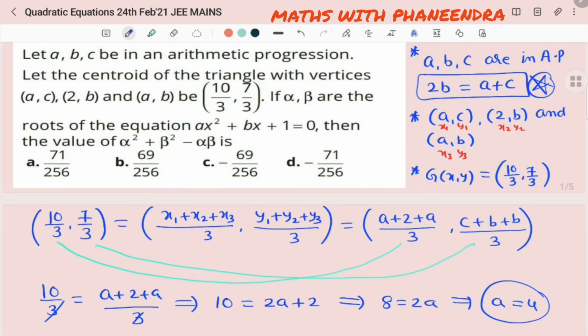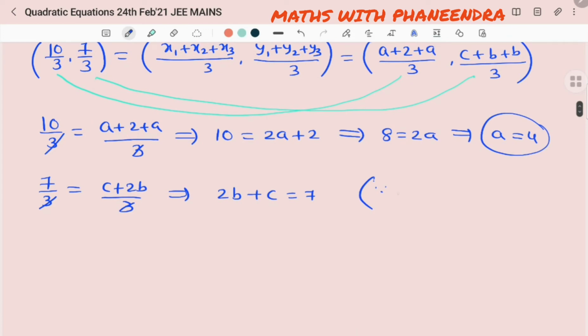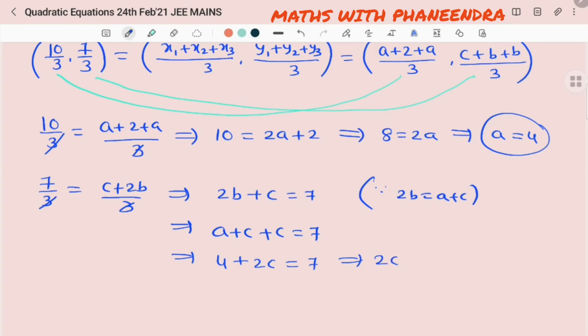A, B, C are in AP. Since 2b is equal to a plus c, substitute in this. It becomes a plus c is equal to 7. A value we also have. So a is equal to 4, substitute. 4 plus 2c is equal to 7. That implies 2c is equal to 3, 7 minus 4. So c is equal to 3 by 2.